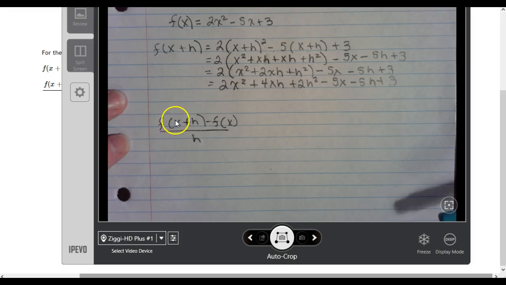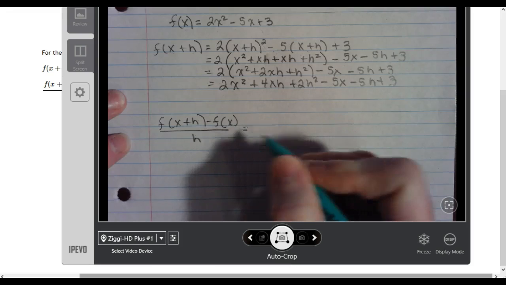Okay, so if you notice, we've already found the f of x plus h. So we found that's really the hardest part right there, and we found that already. So we're going to plug that into that part. F of x is the function we have, and it's all divided by h. Okay, so let's do this.